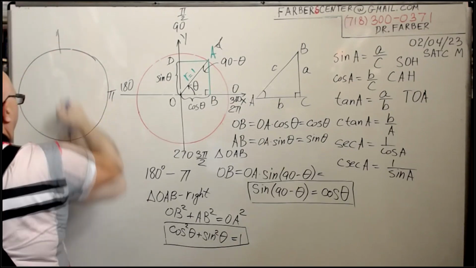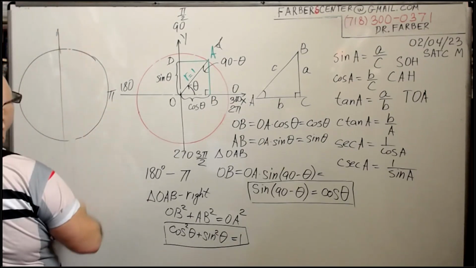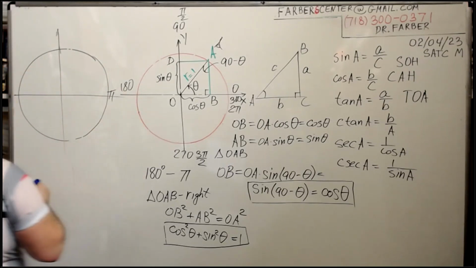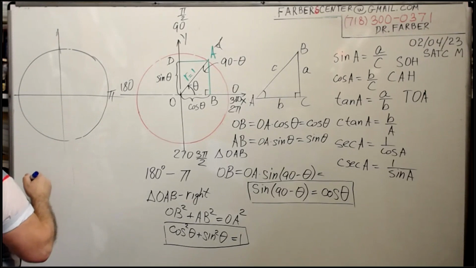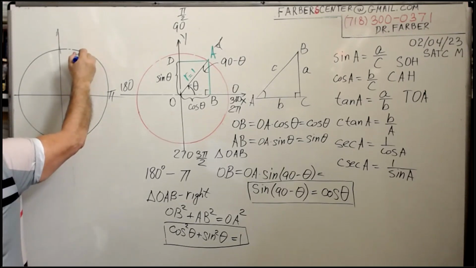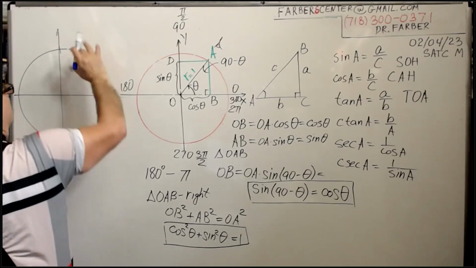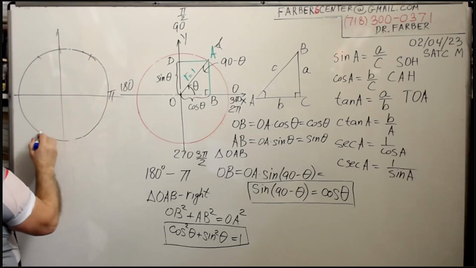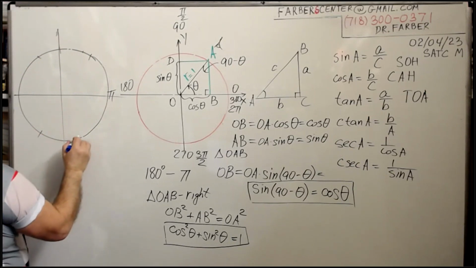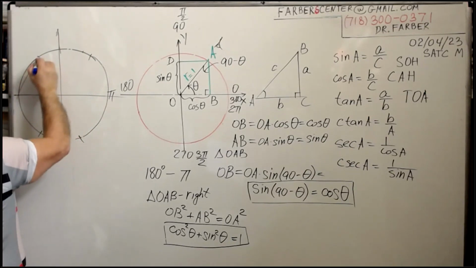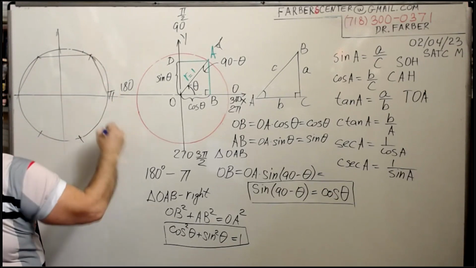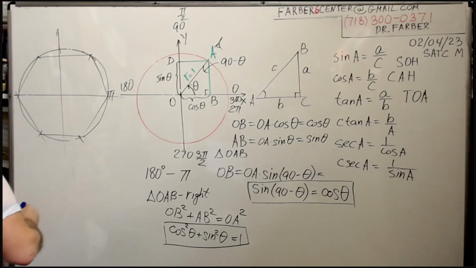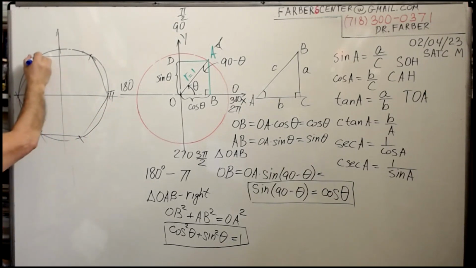Then this circle, if I take the radius and build this hexagon, and connect each vertex with the center.